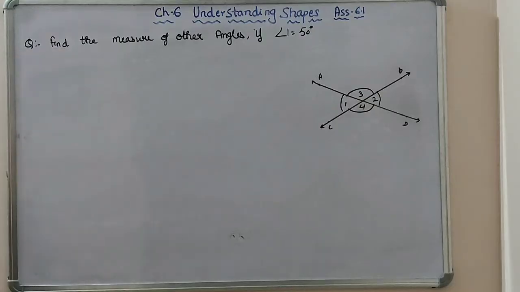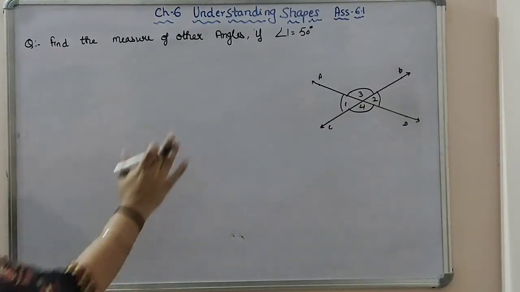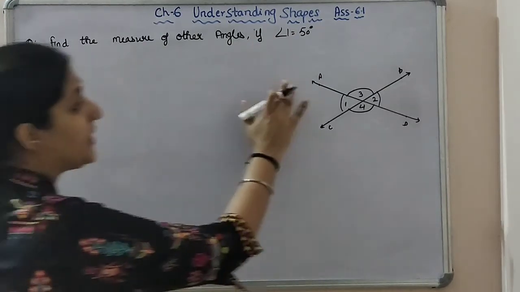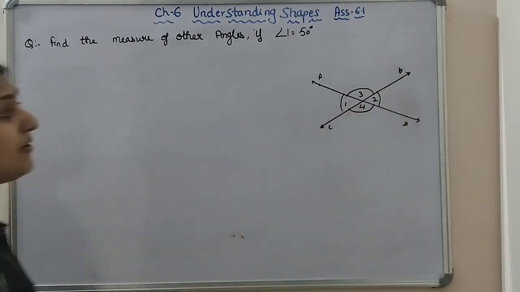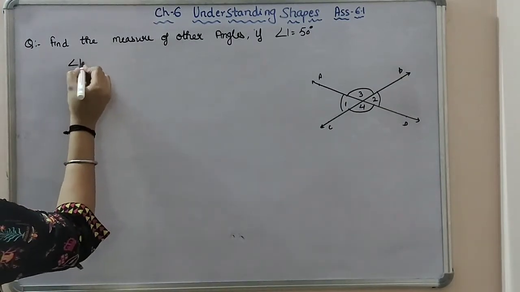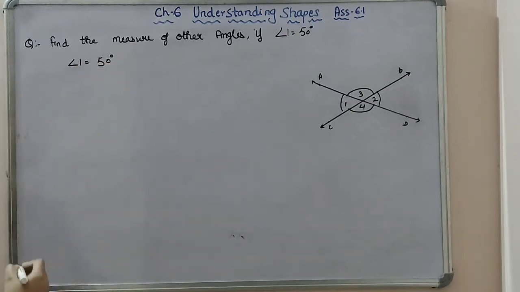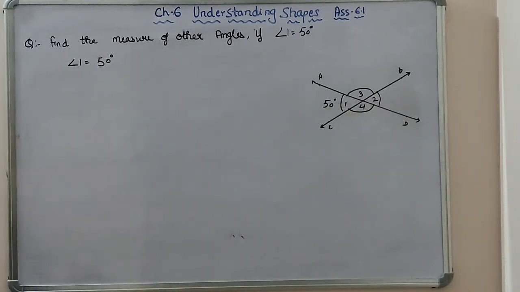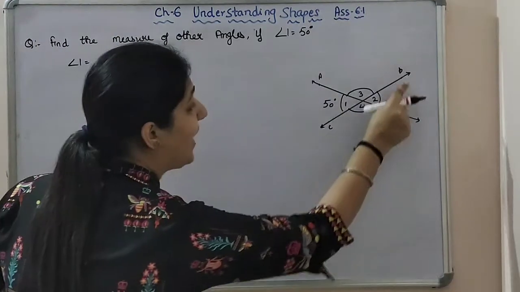The next question is find the measure of other angles if angle 1 is equal to 50. Now you can see two intersecting lines are there and they are forming some pairs of angles. We are given with angle 1 is equal to 50 degree. So that means this angle is equal to 50 degree. Now I have told you they are forming an X figure.